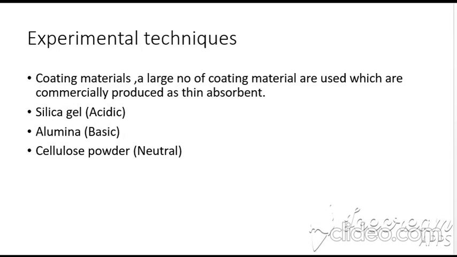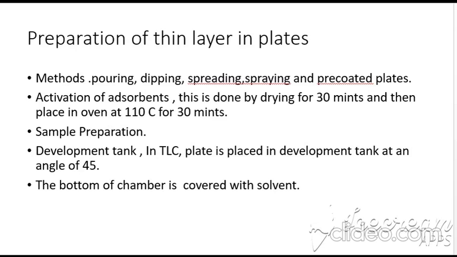How do you prepare these slides? First of all, you take the glass slide and coat it with a slurry of silica gel, alumina or cellulose powder. Any solid which is used as a stationary phase, you can select. For example, I have selected silica gel, made a slurry with water, poured it on the glass slide and made a thin layer.